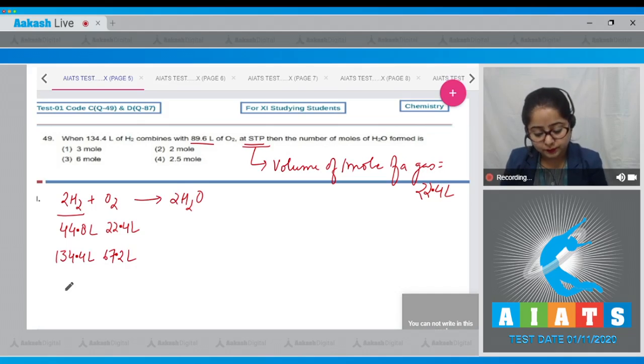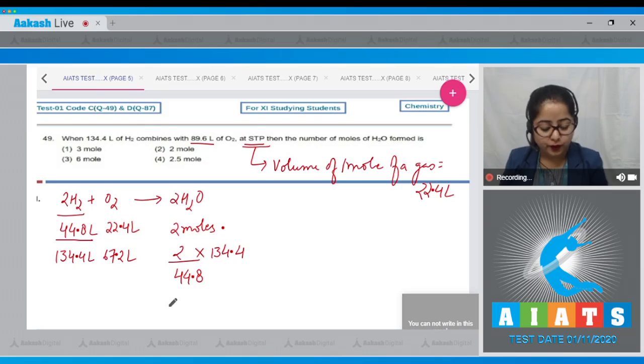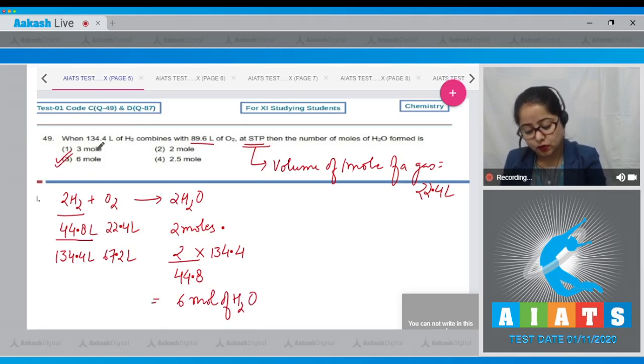So student, it is very clear that 44.8 liter of H2 will give 2 moles of H2O. So 134.4 liter of H2 will give 2 divided by 44.8 multiplied by 134.4, which is equals to 6 moles of H2O. That means the correct answer is option number 3.